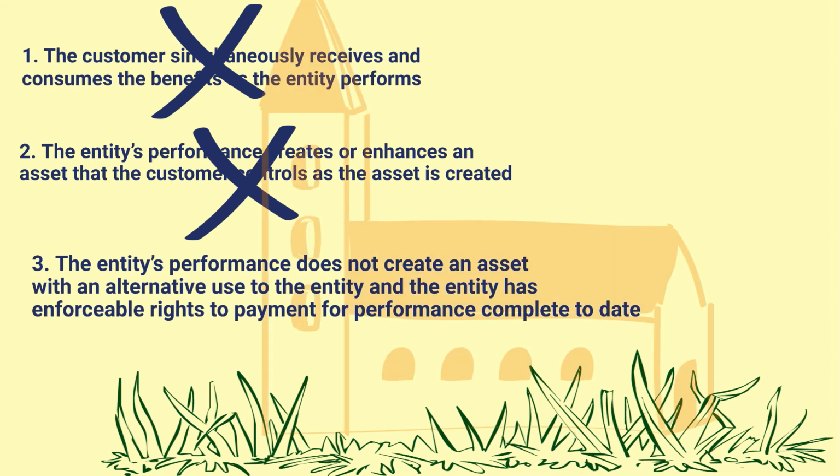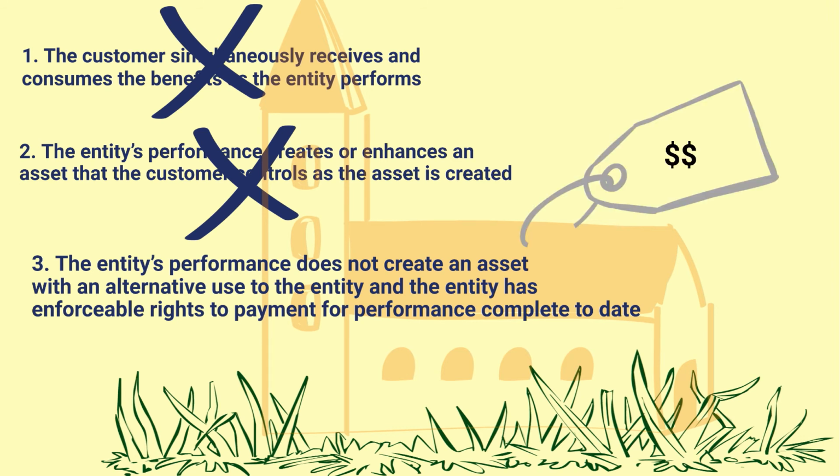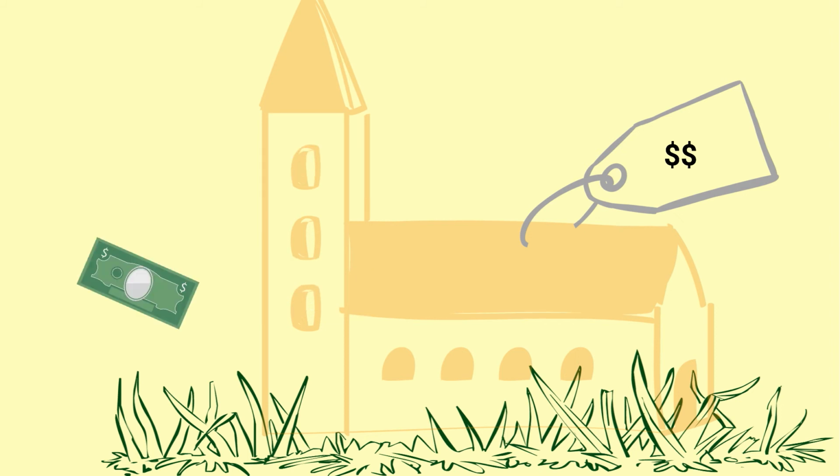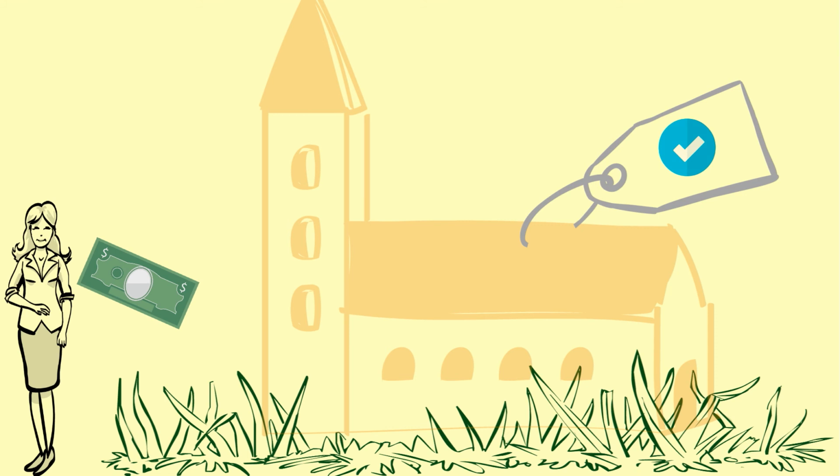Because the construction company owns the land, they could sell the built house to someone else should customer A decide not to purchase it. In this case, the construction company would have to recognize revenue upon completion and sale of the house, which is at a point in time.